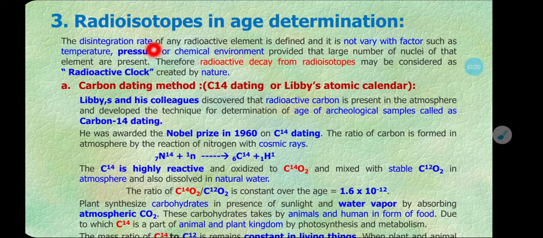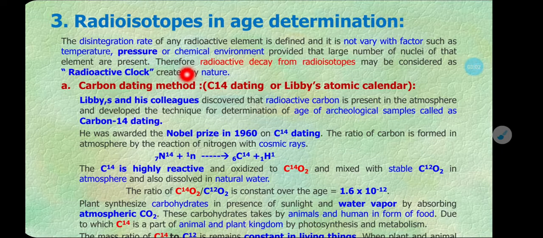Friends, the disintegration rate of radioactive element does not vary with factors such as temperature, pressure and chemical environments, provided that large number of nuclei of that element are present.